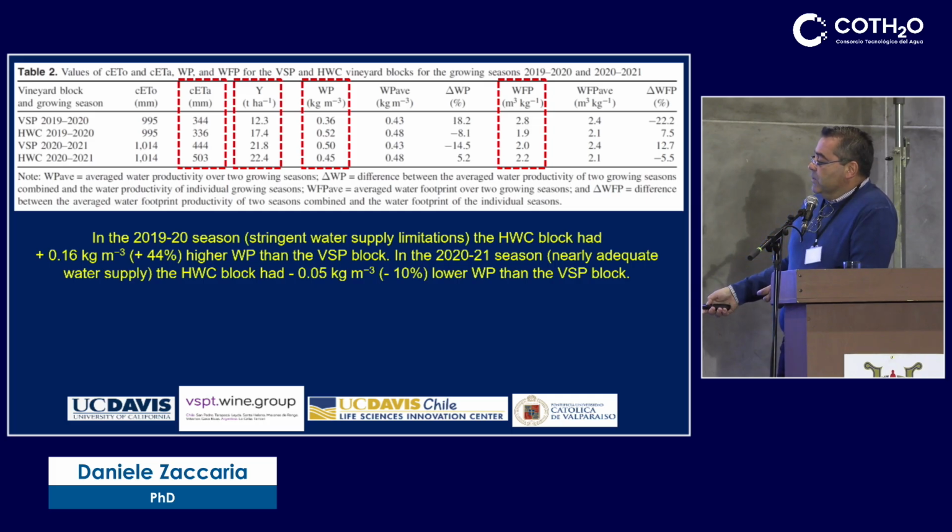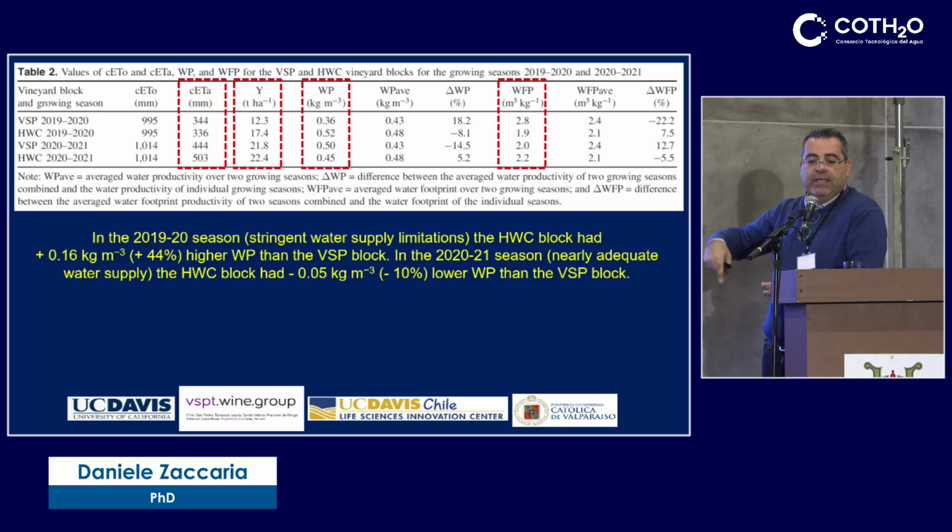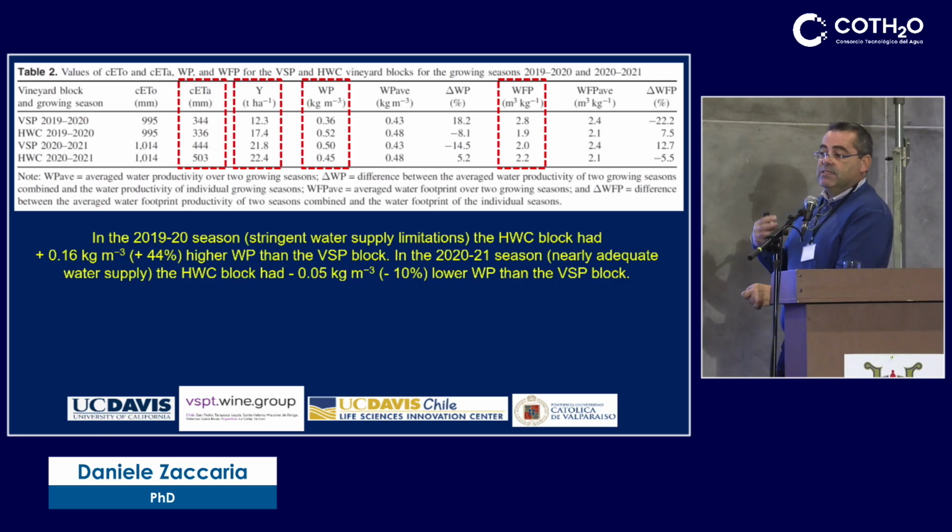In 2021, it has a slightly lower water productivity, but it was very minimal. So what do you choose if you have a climate that is somehow alternating drought and well-watered years? The damage comes when you have water supply restriction, and so you probably might want to invest in things that are high water productivity during the drought.